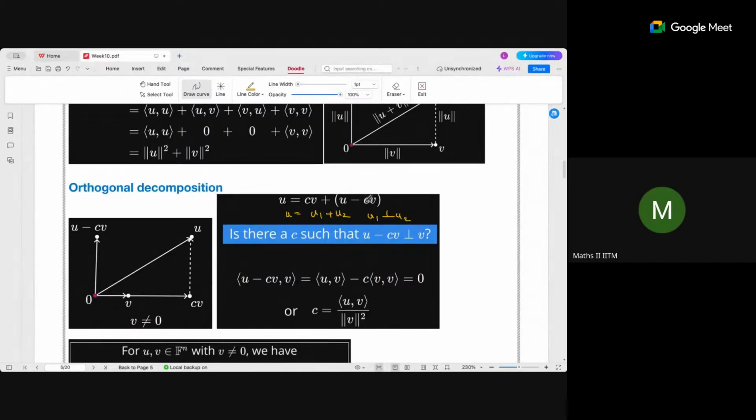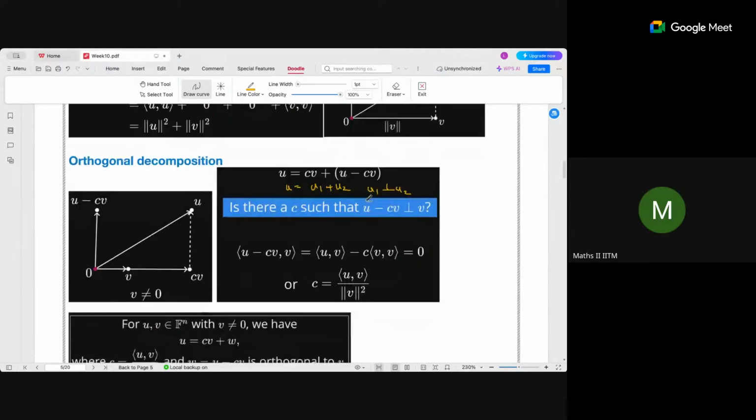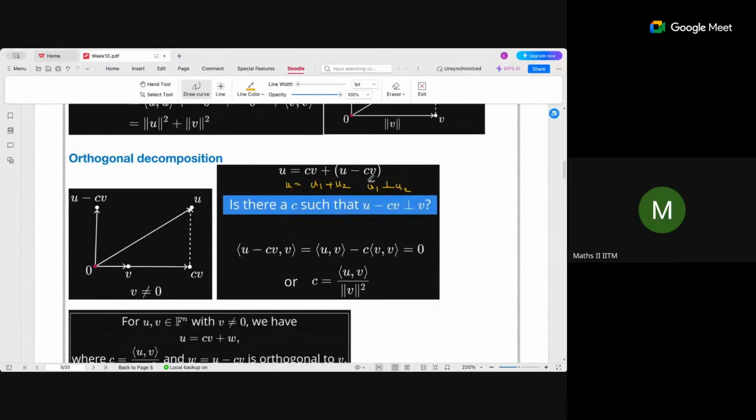From the figure, can you see that for an appropriate c, u minus cv is exactly perpendicular to v?